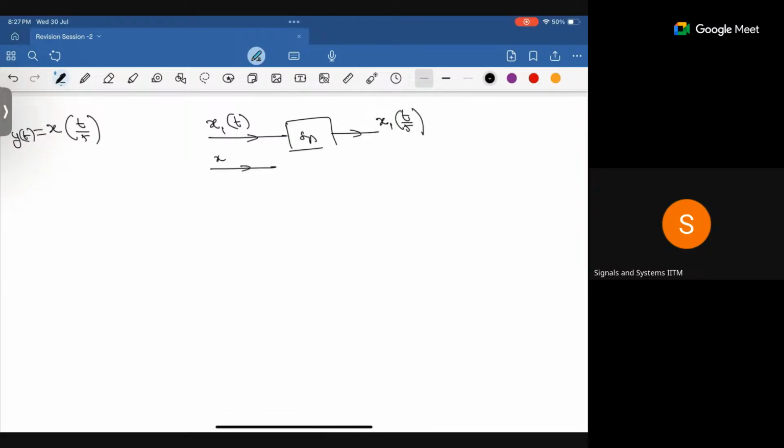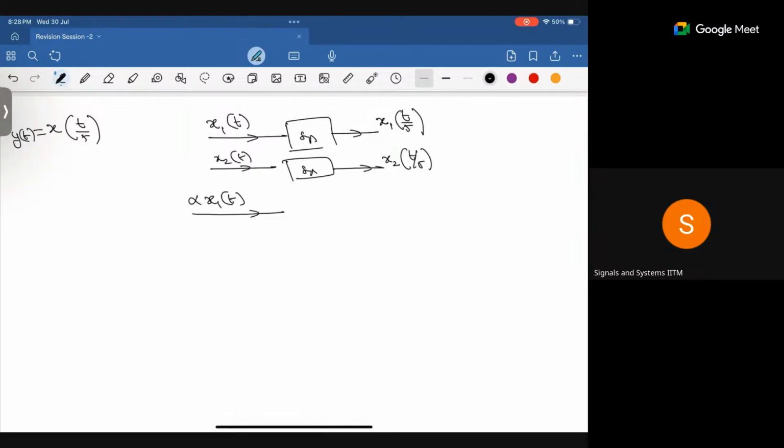If I input x2 of t to this system, my output will be x2 of t by 5. What happens if I input alpha times x1 of t? Nothing. Alpha is just a constant getting multiplied. Constant will stay constant.